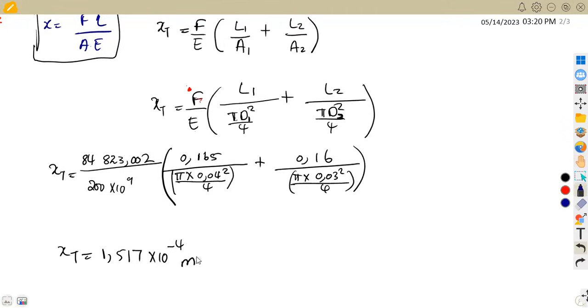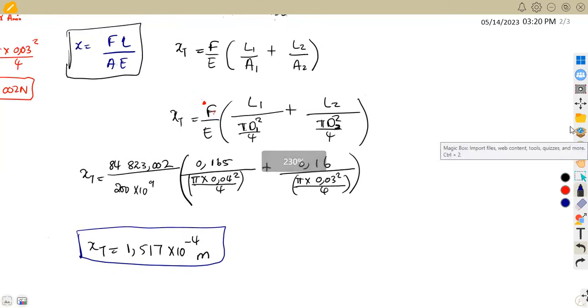All right, so that's our extension. In this case, we are obtaining this in meters times 10 to the power -4. You can convert to millimeters if you want, or you can just simply write as it is like this. That is our final answer, or our final consideration in this case.